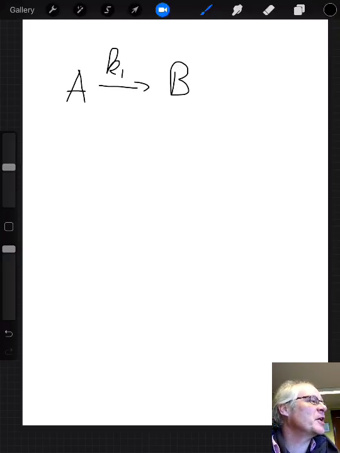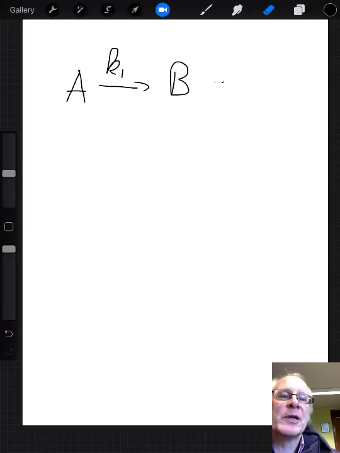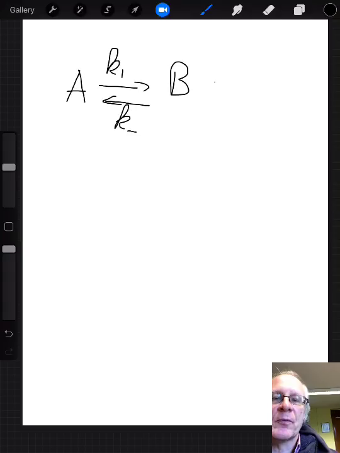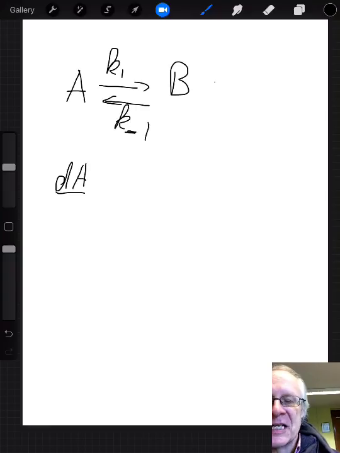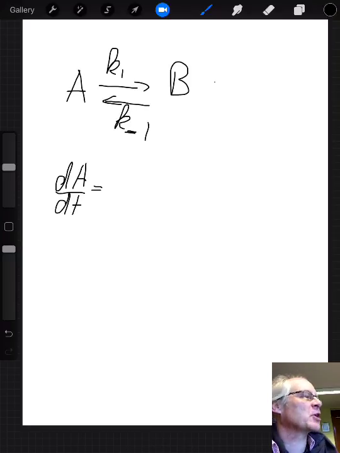So K1, B, and now instead of consuming B in that direction, as we had, what we do is we get B to convert into A again. And I write that with K minus 1, subscript minus 1, I should say. So what's happening here? We can write dA over dt equals. Let's look at the K1 reaction.